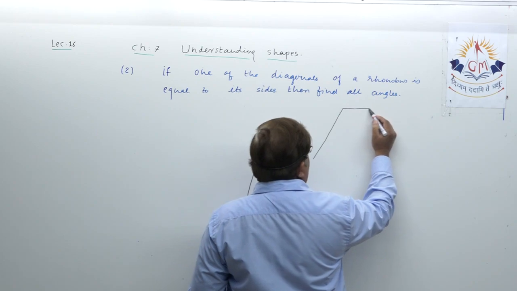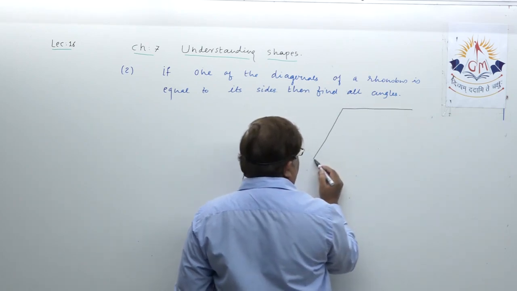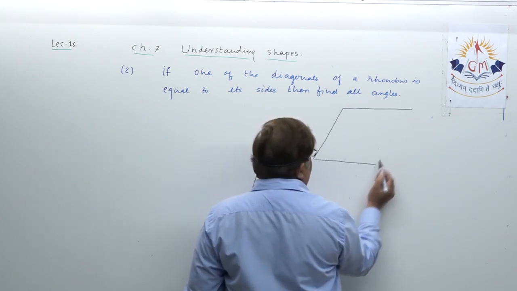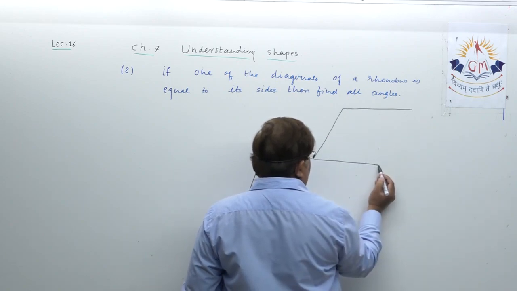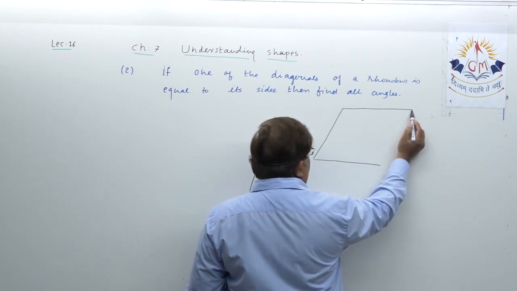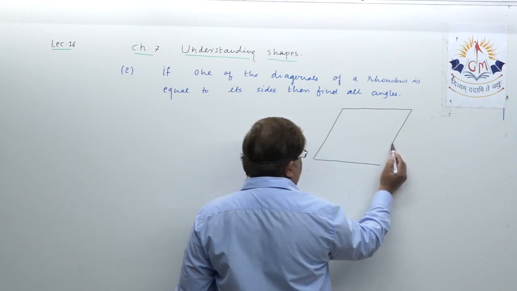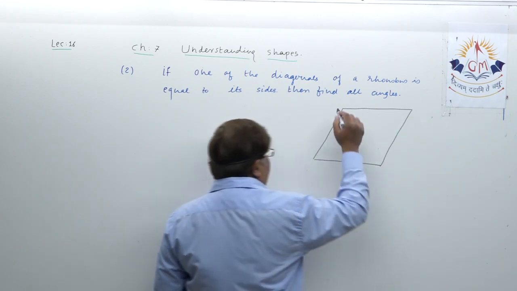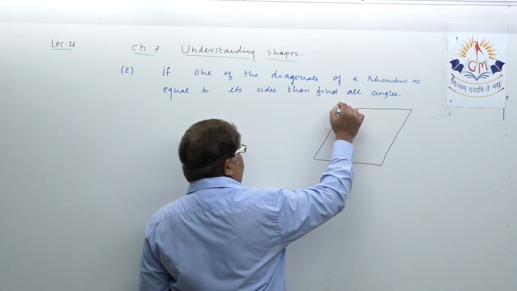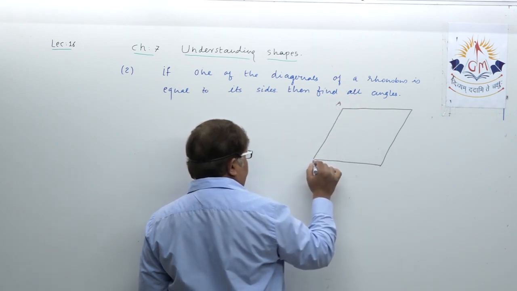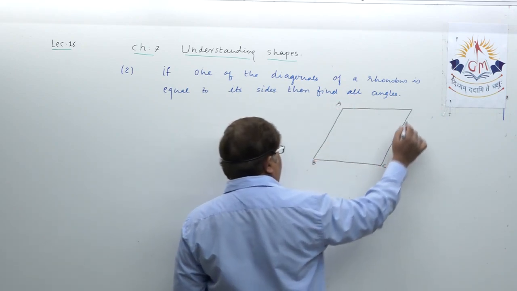Let us try to understand the data for you. Now suppose this is a rhombus given to us. Suppose I mention the name rhombus ABCD.